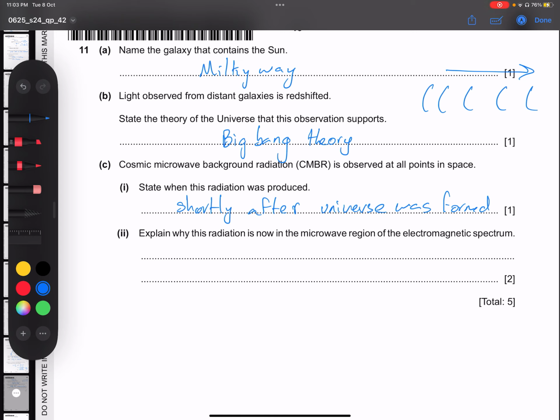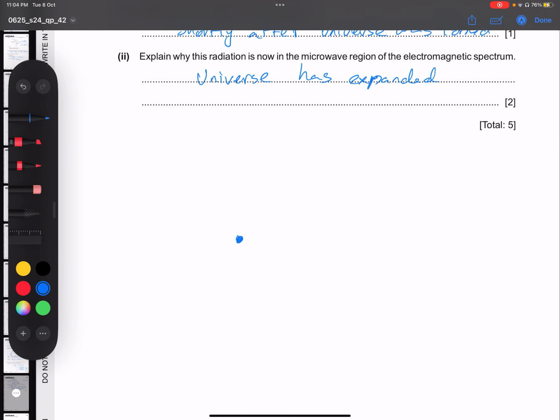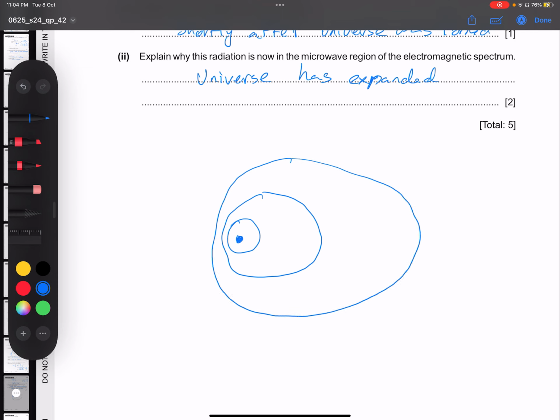Okay. Explain why this radiation is now in the microwave region of the electromagnetic spectrum. The first point is that the universe has expanded. Imagine this to be the source of the radiation. Once the universe has expanded, this radiation started to increase in wavelength.